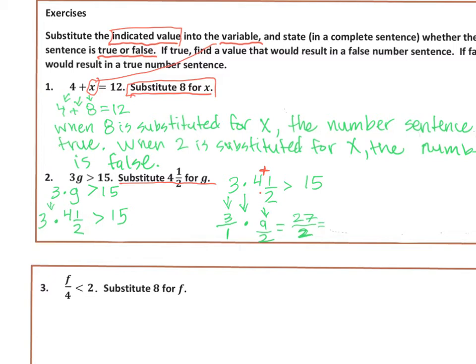And what that tells us is that we have to take 27 and divide it by 2, and then we'll find out whether 15 is greater or not. So 27 divided by 2, well, we know that 26 divided by 2 is 13, because if you had 26 and you split it into 2 different sections, you would have 13 on one side and 13 on the other side, and that would equal 26.